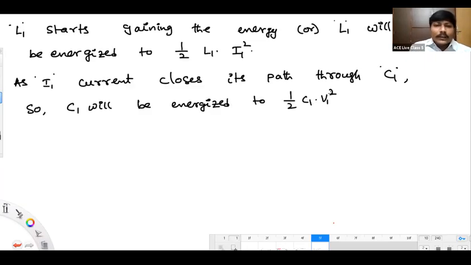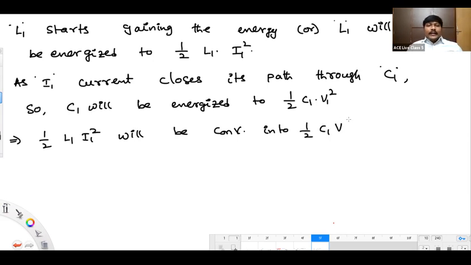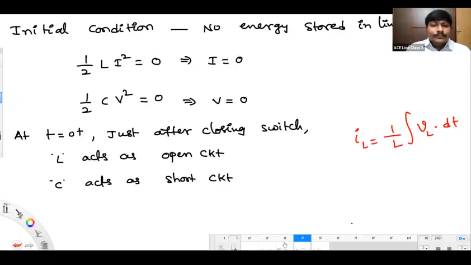So that implies half L1 I1 square will be converted into half C1 V1 square. Practically, through air, it will be completing the path. Charging current is a path for the current circulation.